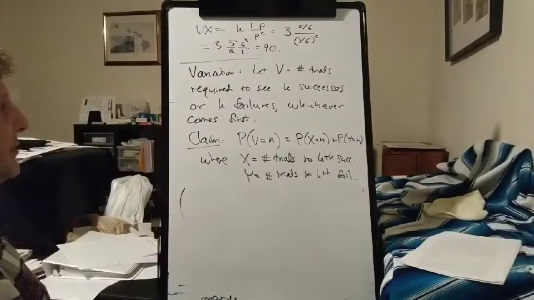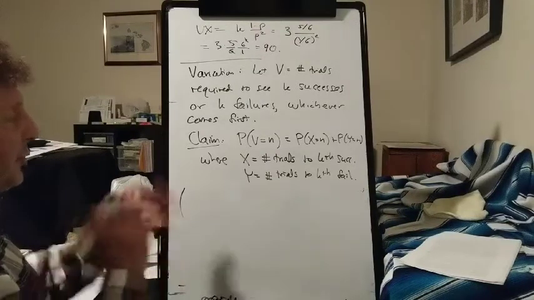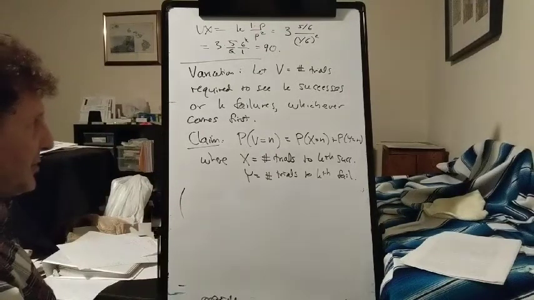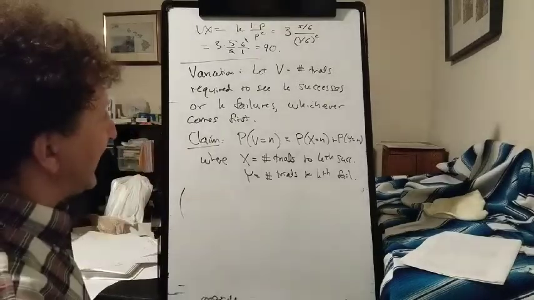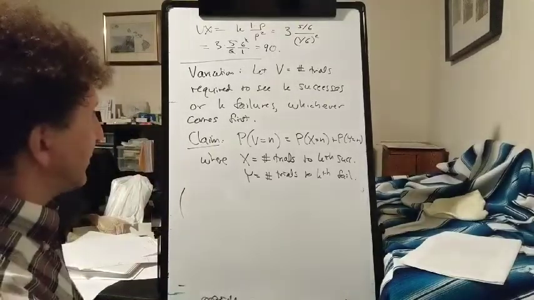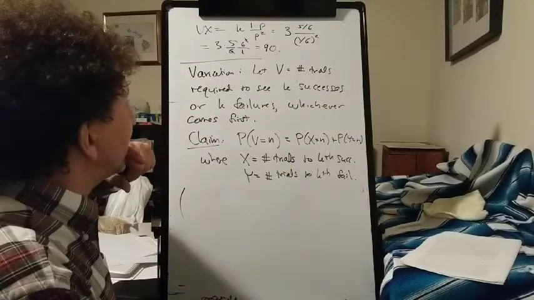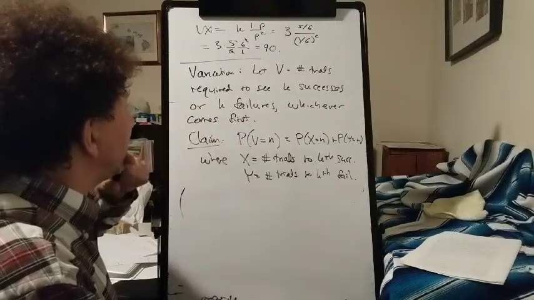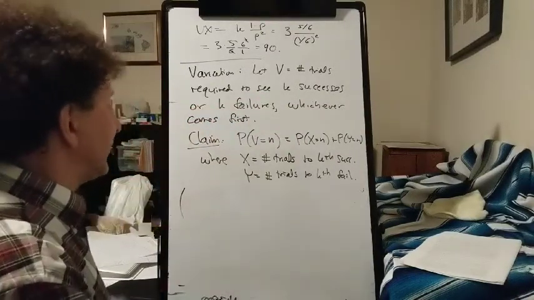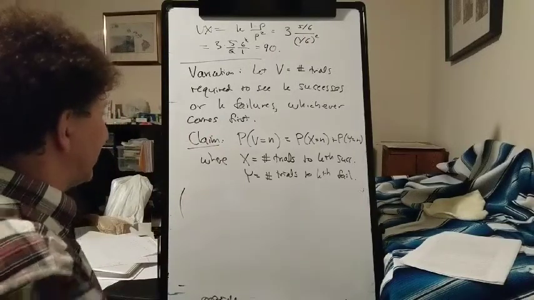So I'm thinking of this as maybe two people are playing some kind of match, and the first one to win k games wins the match. So k successes is going to be like player 1 wins k first, and k failures is going to be player 2 wins k times first.